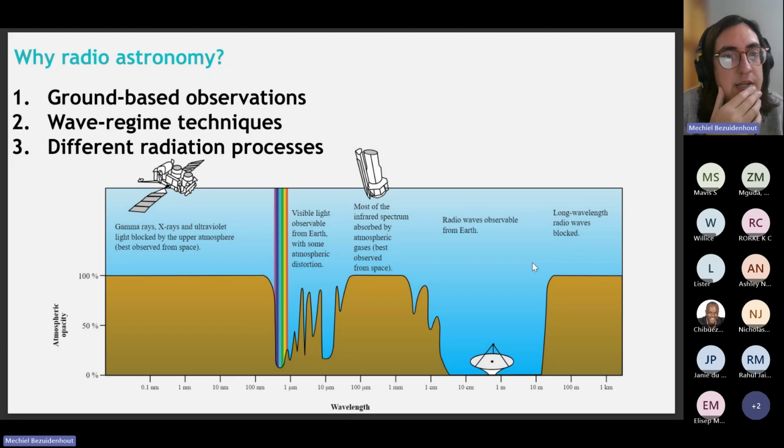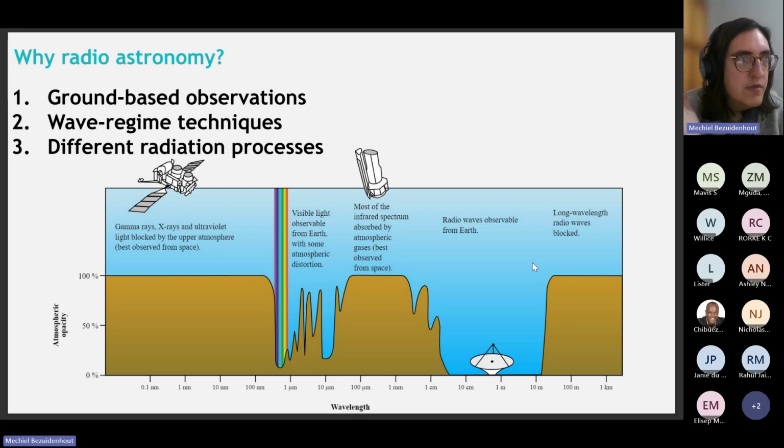And then the third big reason why we want to have something like radio astronomy is because different processes working in the universe produce different wavelengths of radiation. So, as we've already seen, thermal processes from hot objects tend to produce light in the optical regime.